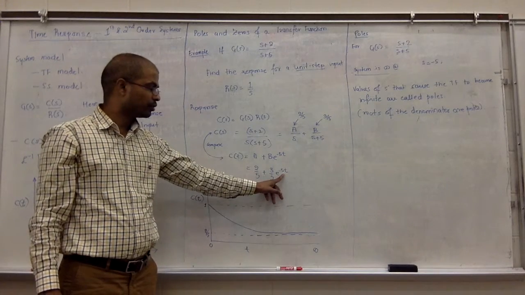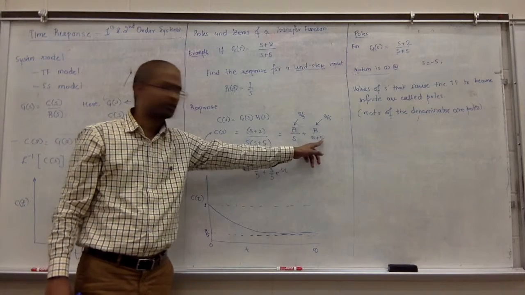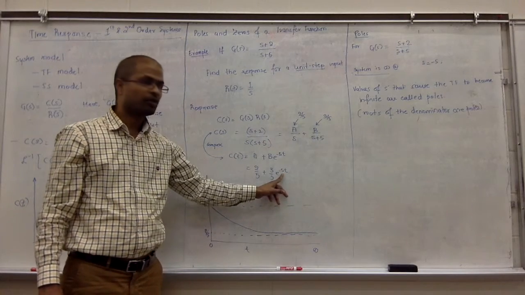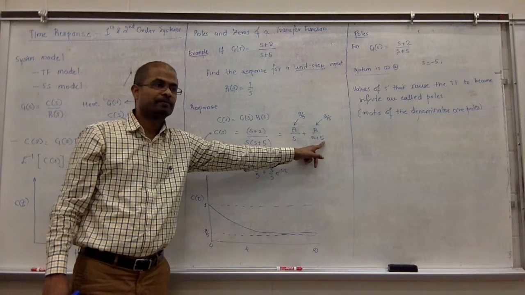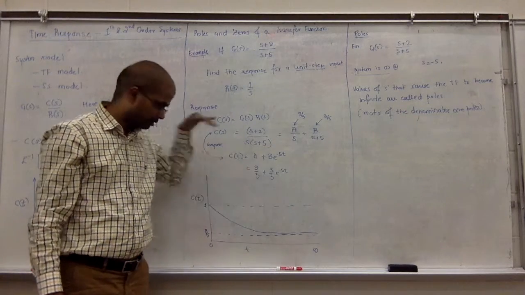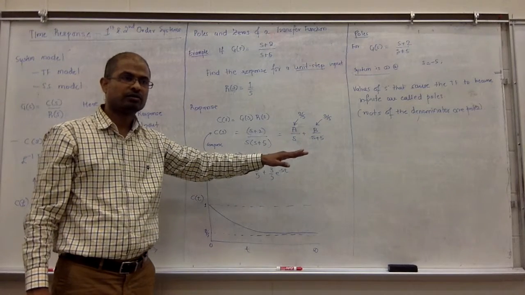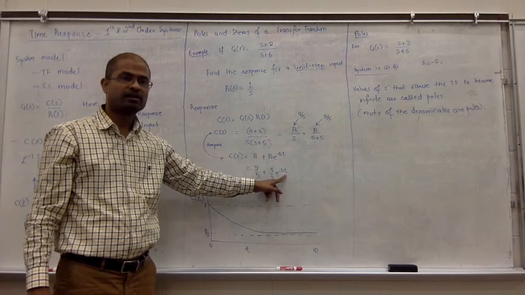So this root is directly related to this 5. This e to the power of minus 5 is a direct consequence of this. The greater this number, the faster the decay. That's how this impacts.